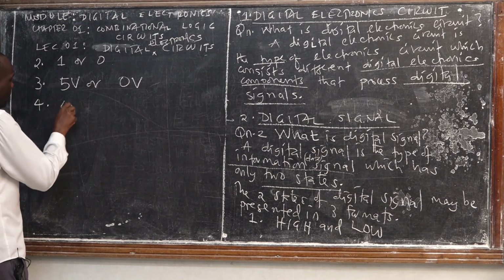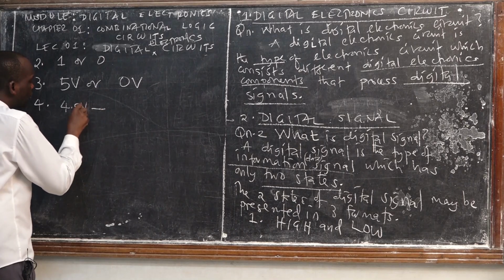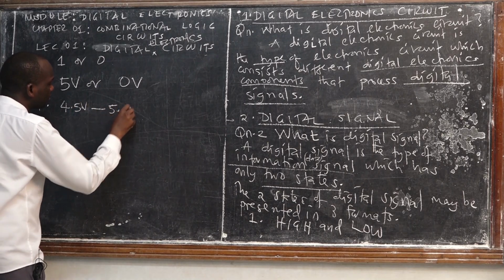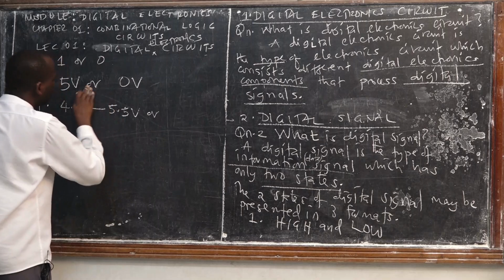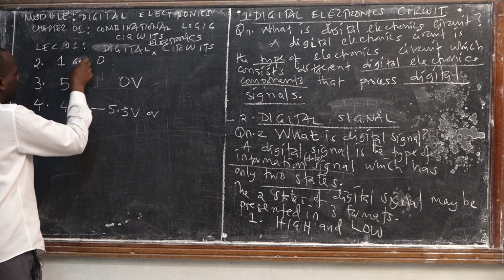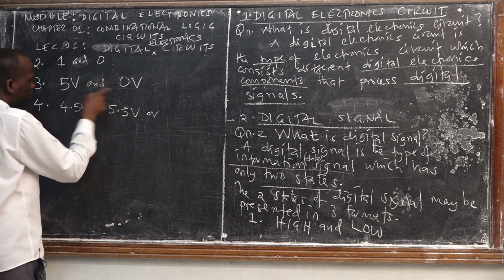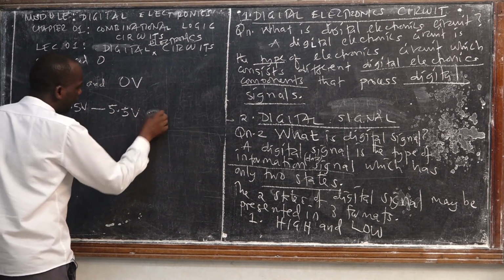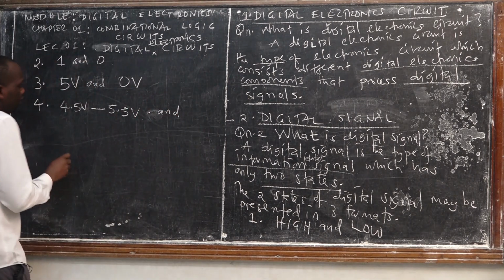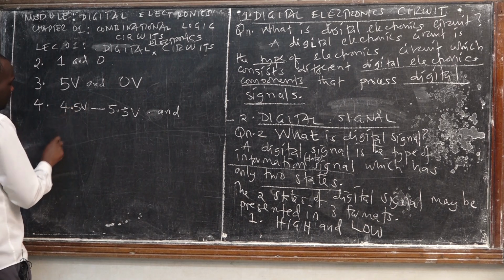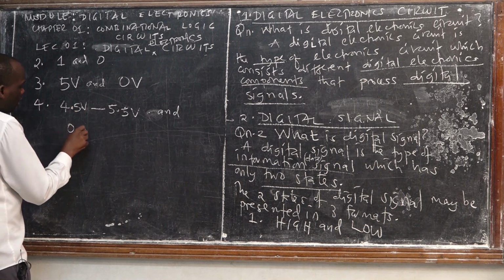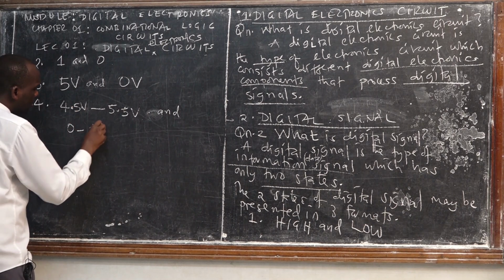It can be 4.5 volt up to 5.5 volt. For the 0 volt, you can find that we say it's 0 up to 1 volt.